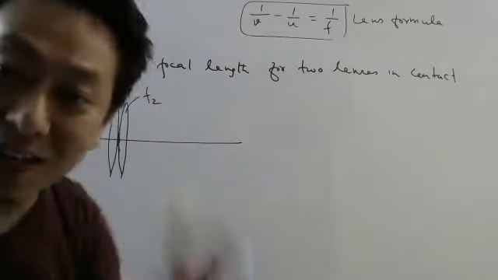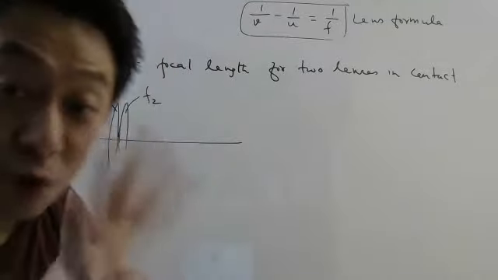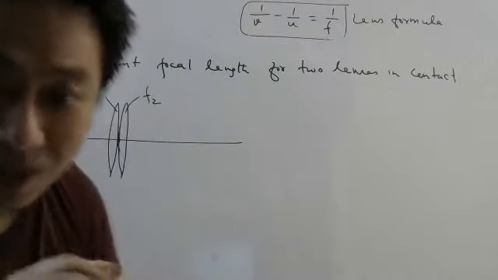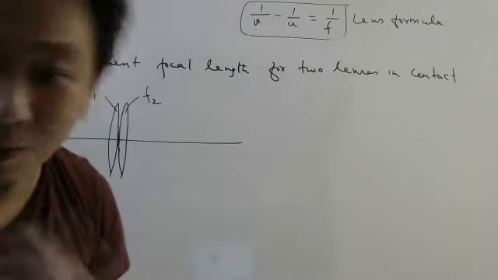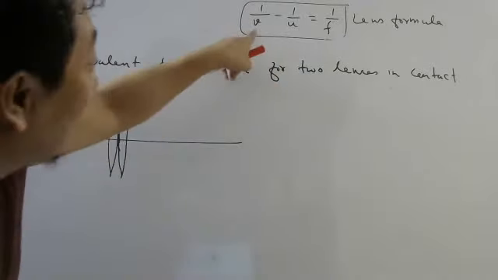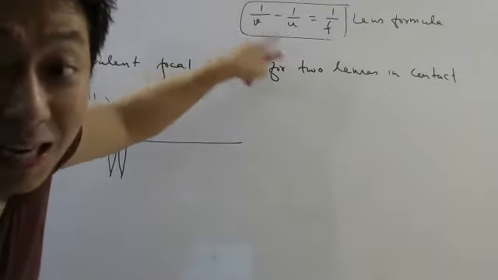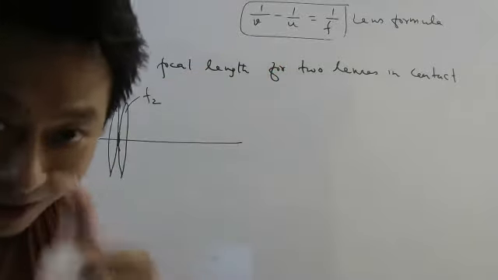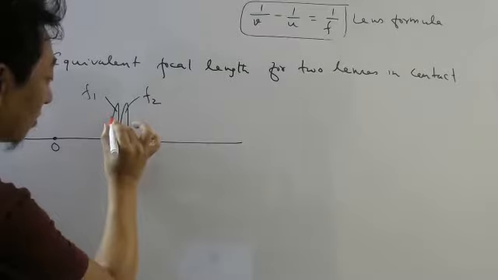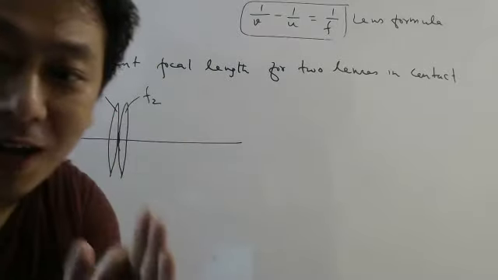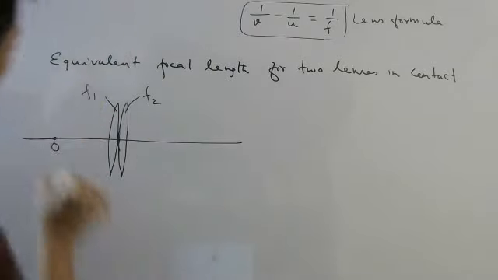So we will not consider this system as 4 surfaces. Instead, we will consider this system as 2 lenses. Why? Because we already know how to find the image distance for a lens using this formula. Are you clear or not? Okay. So I will not show refraction here also, here also. I will show refraction only for one lens.